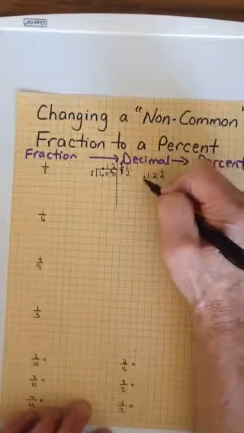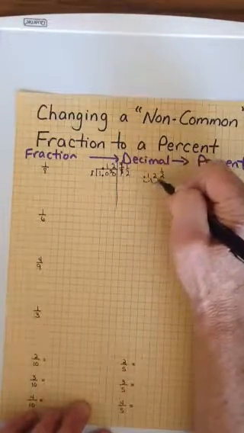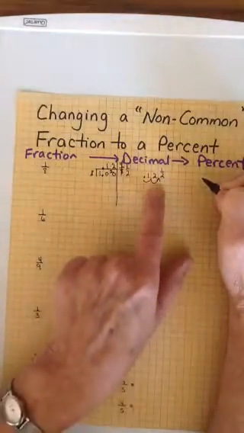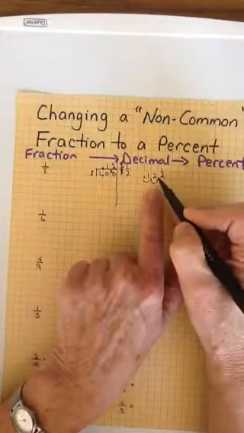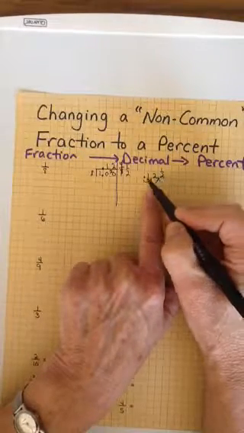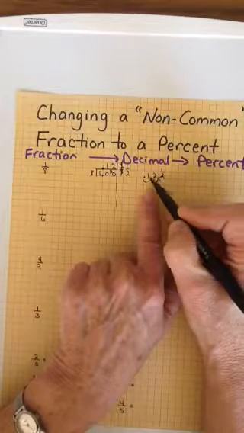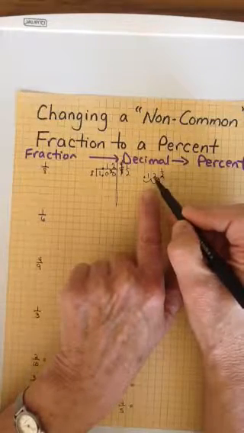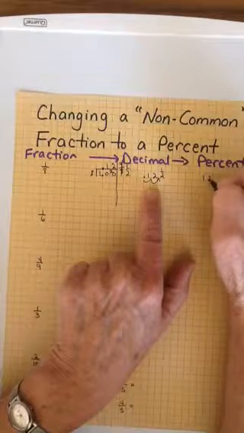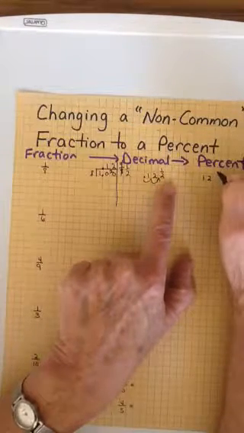So here we go, 1, 2, and that's so that we can add the percent sign. Now, if the decimal point ends up at the end of the 2, all the way over to the right, then this number is just the whole number 12.